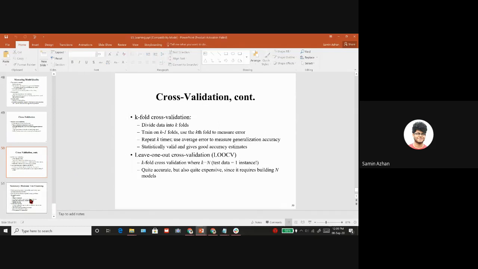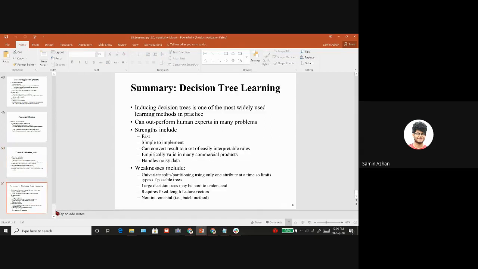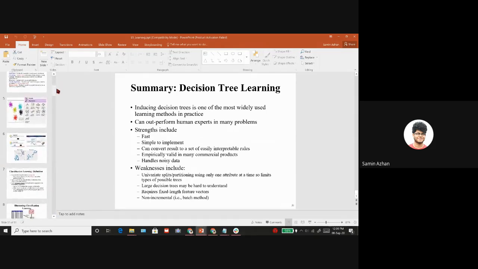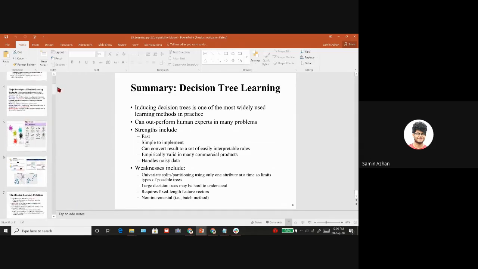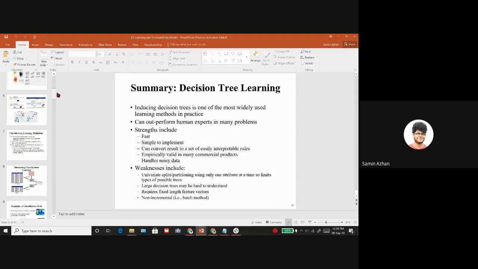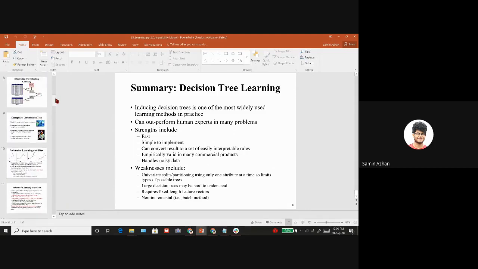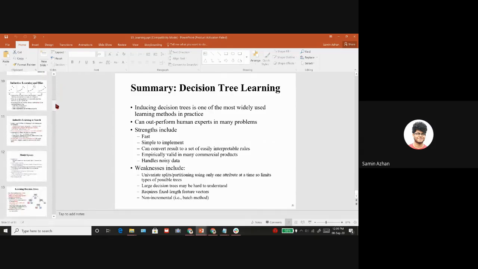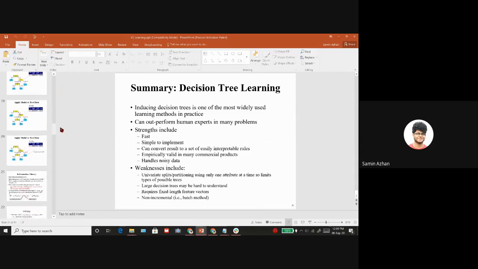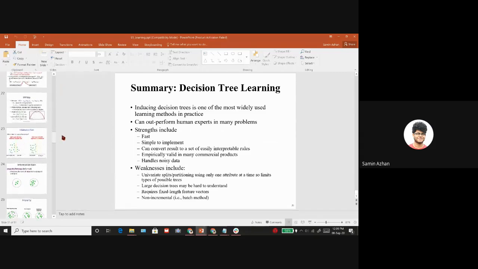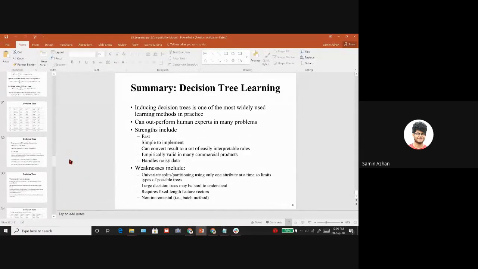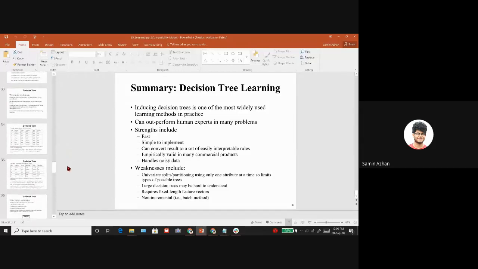All right. So that's pretty much it for this lecture. In this lecture, we talked about decision trees. We talked about induction learning, supervised learning, unsupervised learning, the differences between classification and regression. Then we saw different decision tree examples. Then we saw how we can create our own decision trees using entropy and information gain. Then we did some examples of calculating the information gain.